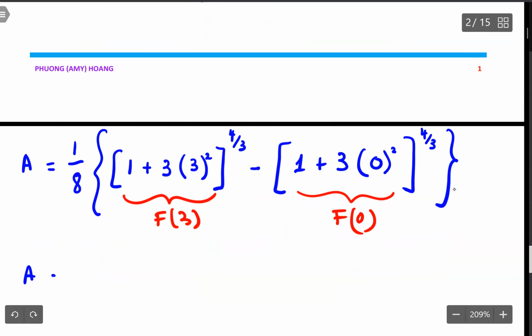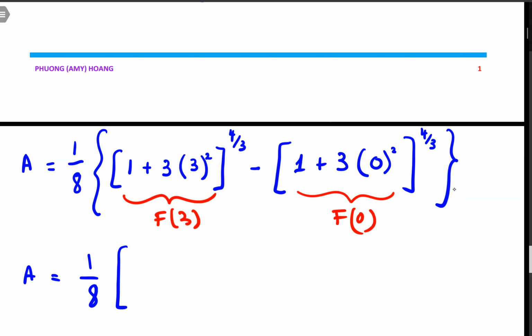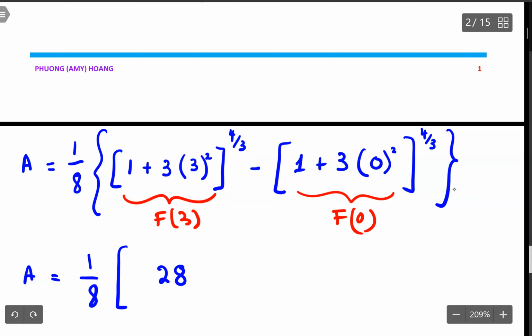If I evaluate this part here, 3 times 3 squared is 9, 9 times 3 is 27, 27 plus 1 is 28 raised to exponent 4/3.